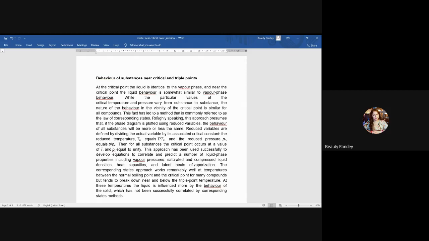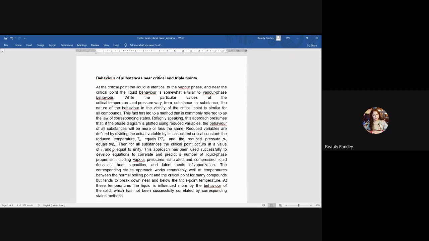The values of critical temperature and pressure vary from substance to substance. However, how all materials behave in the vicinity of the critical point is similar.